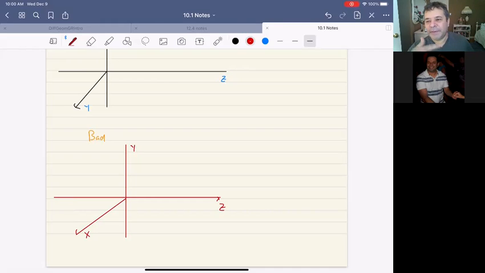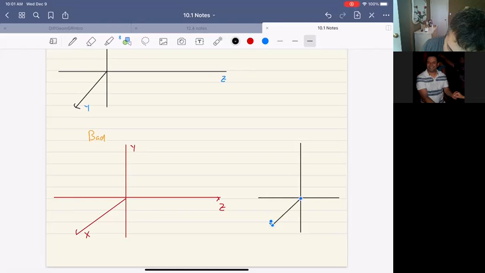So as I go, if I point X out into me, and then I put Y up, the Z would actually go the other way. So the way that it would actually work, if I wanted it to work, is X, Y, Z. This one's okay, but we don't use it.